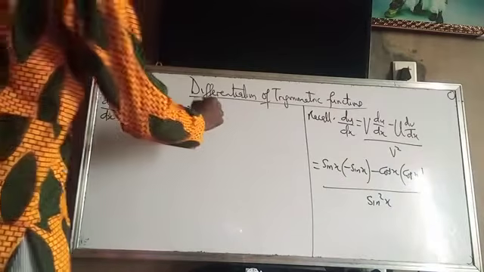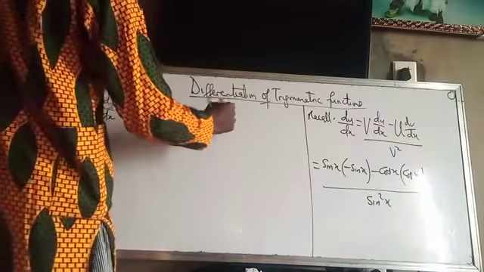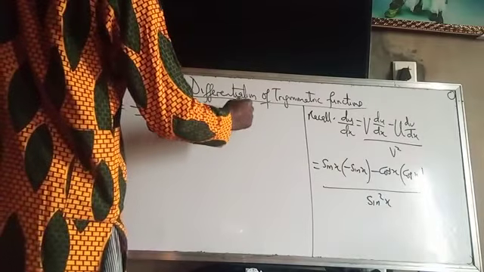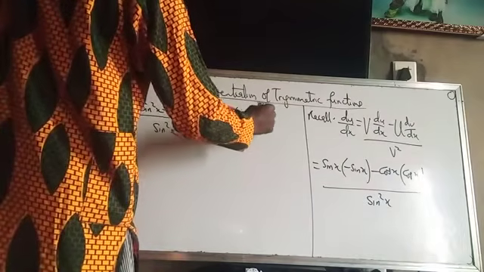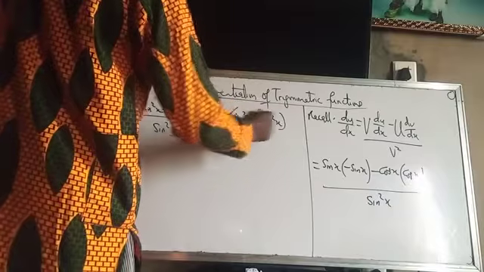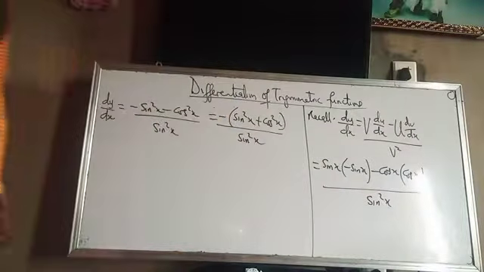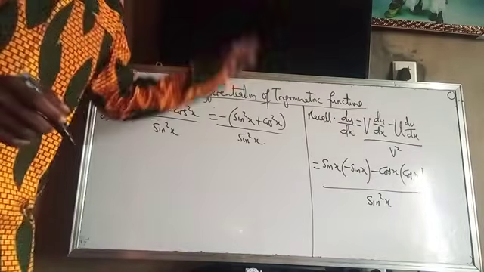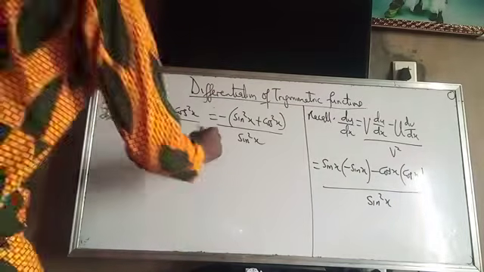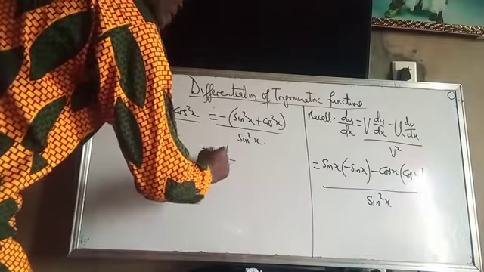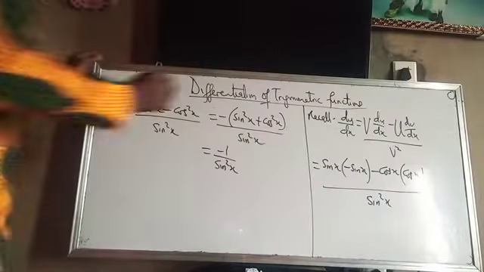Now, we can take out the minus sign here. We have minus into sine square x plus cos square x all over sine square x. Don't forget, sine square x plus cos square x is always 1. Which means you have minus 1 over sine square x.